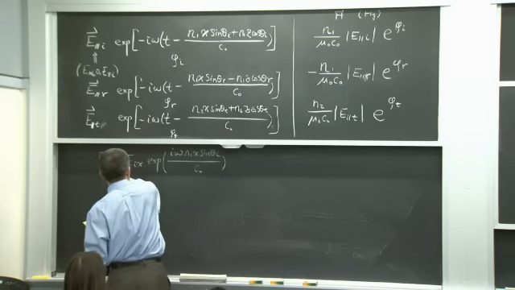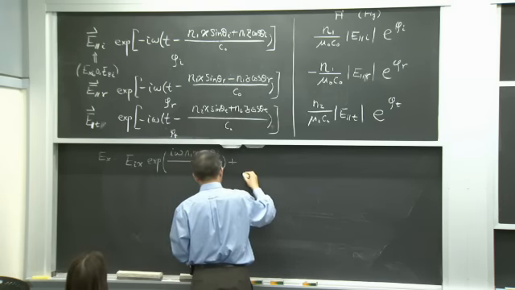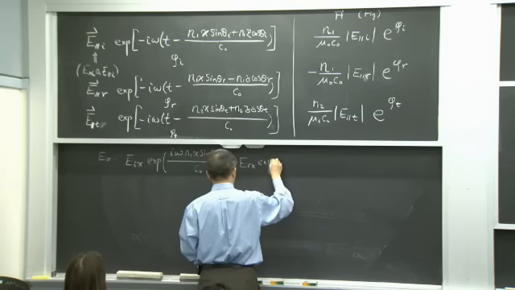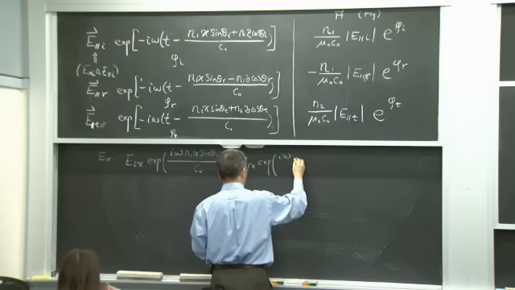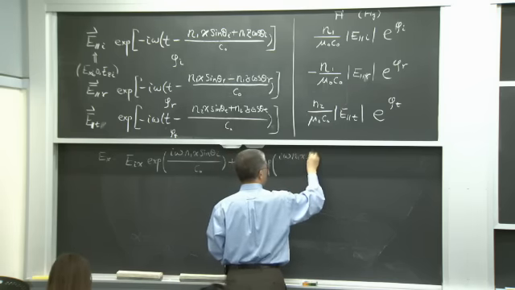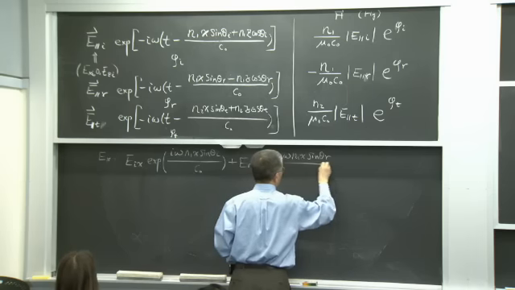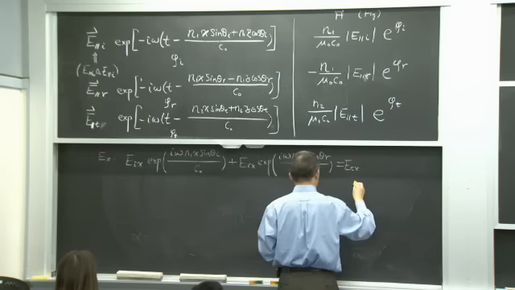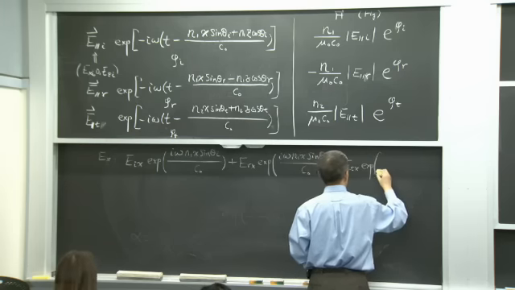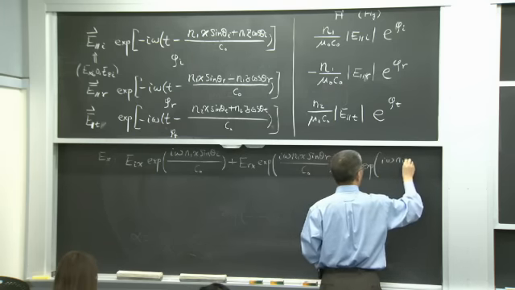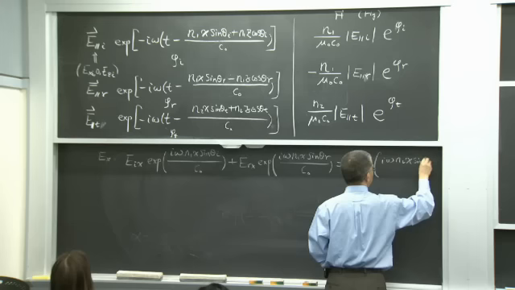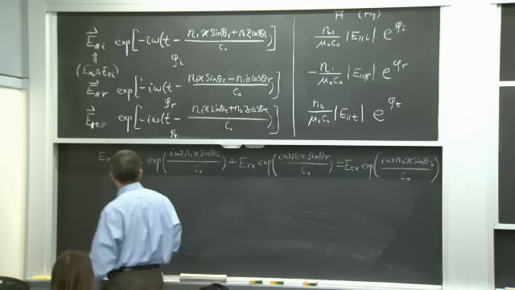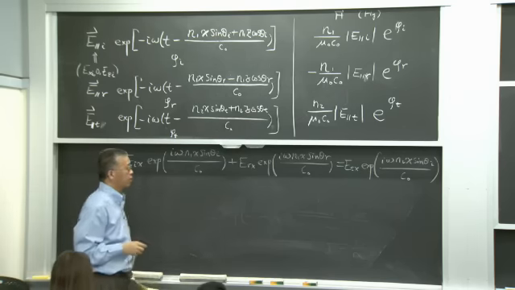That's the incident component in the x direction, and the reflected component in the x direction, exponential i omega n1 x sine theta_r over c0, equals the transmitted in the x direction, exponential i omega n2 x sine theta_t over c0. So this is the continuity in the electric field in the x direction.